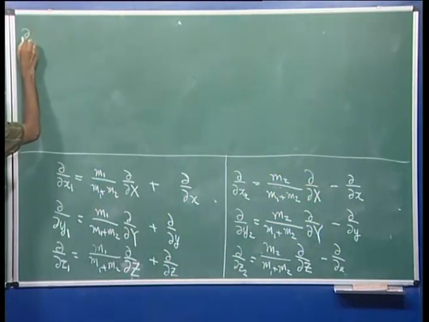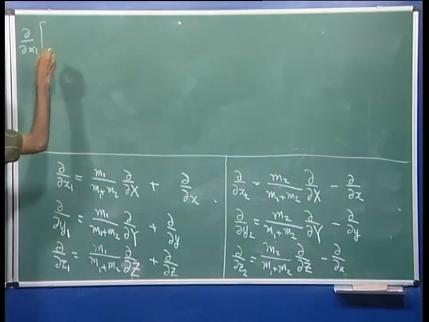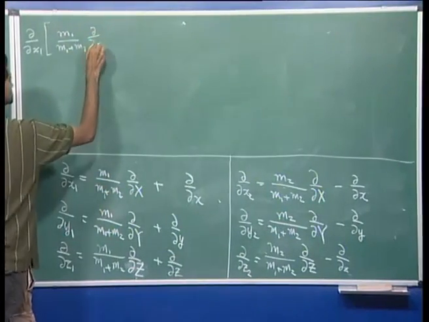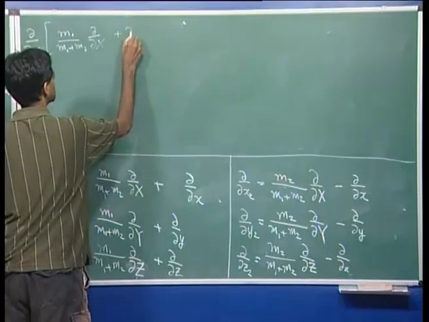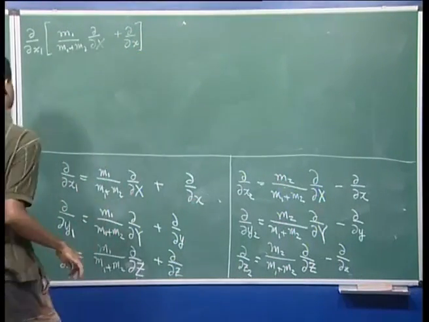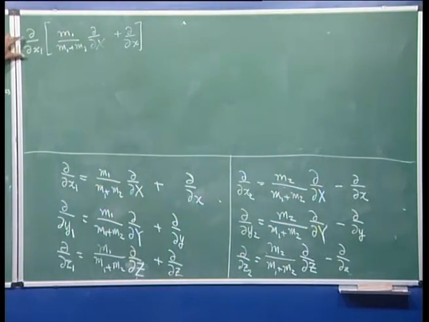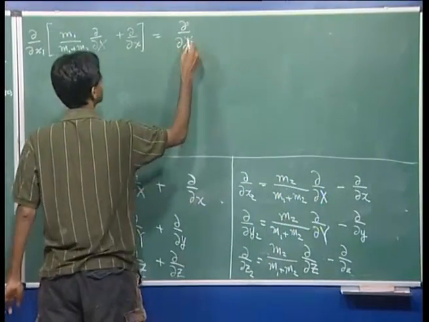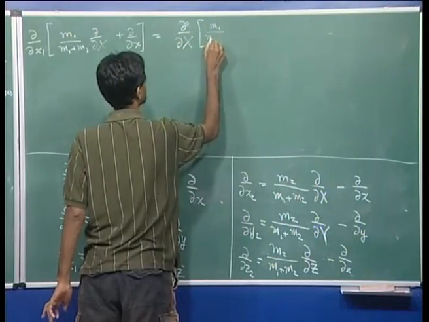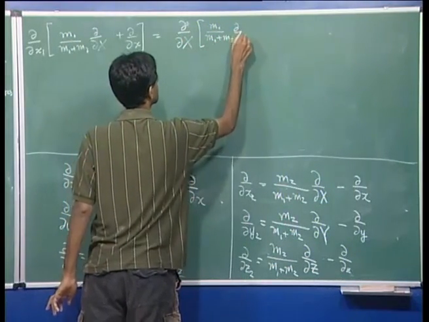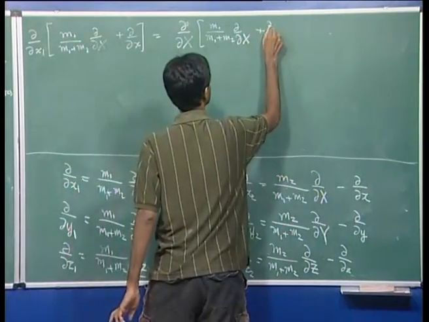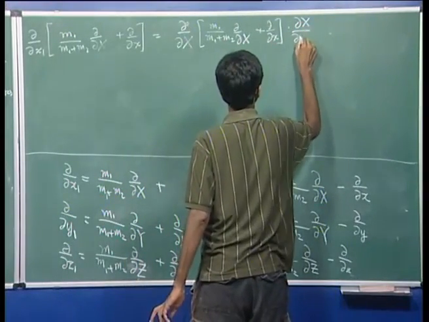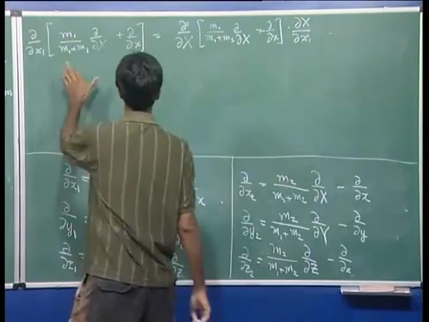So, I have dou by dou x1 of m1 over, and if I go ahead and do this, I write this as d by d capital X of the first derivative, that is m1 into dX by dx1.